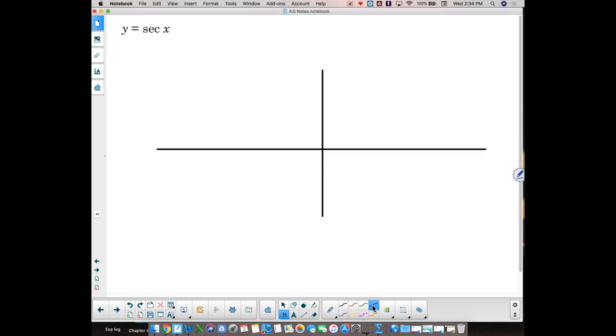Reciprocal of cosine. Okay, so that's 1 over the cosine, which on the unit circle is what? What am I talking about on the unit circle then? 1 over x. Okay, so it's 1 over x on the unit circle. I should put that on the unit circle part 2.